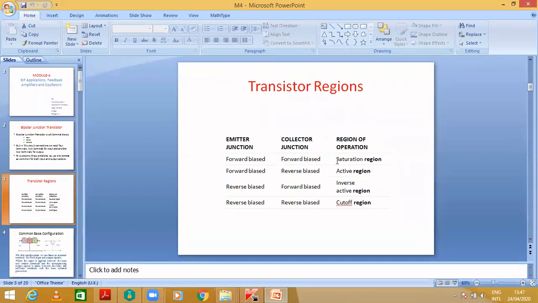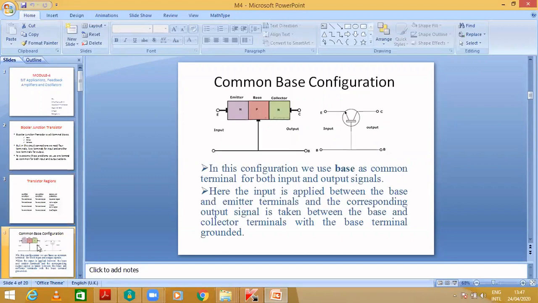In the case of the saturation region, you already know the emitter junction and collector junction. Suppose I take a common base configuration: this junction is called the emitter base junction and this junction is called the collector base junction. So we have two junctions in the bipolar junction transistor. Here electrons are majority charge carriers and here holes are majority charge carriers; electrons are negatively charged and holes are positively charged.